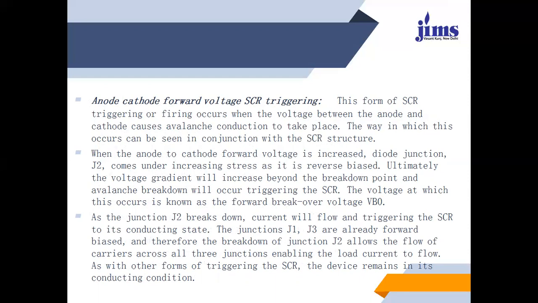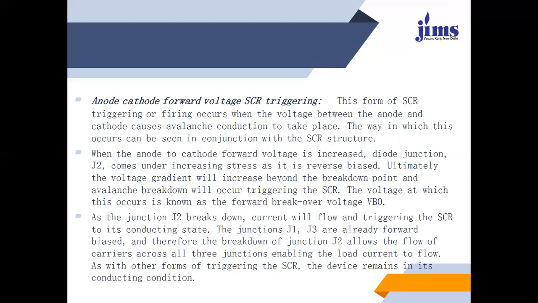Ultimately, the voltage gradient will increase beyond the breakdown point and avalanche breakdown will occur, triggering the SCR. The voltage at which this occurs is known as the forward breakover voltage or VBO. As the junction J2 breaks down, current will flow, triggering the SCR to its conducting state.